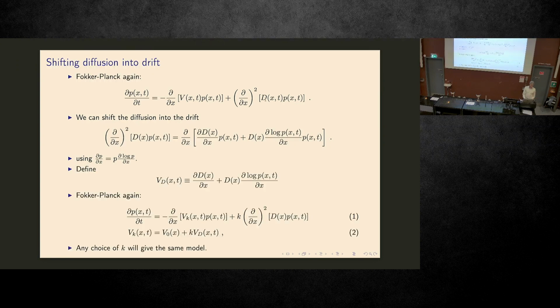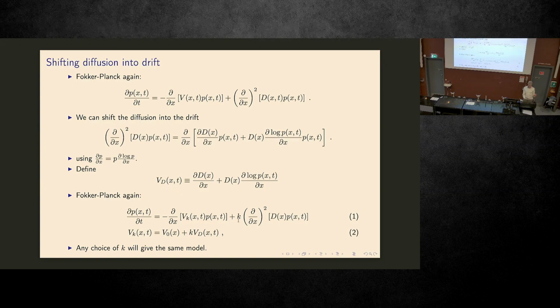If I define this term in here plus this, then I can write the Fokker-Planck equation like this, where k is a variable I can choose, right? So I can choose, for example, k equal to 0.